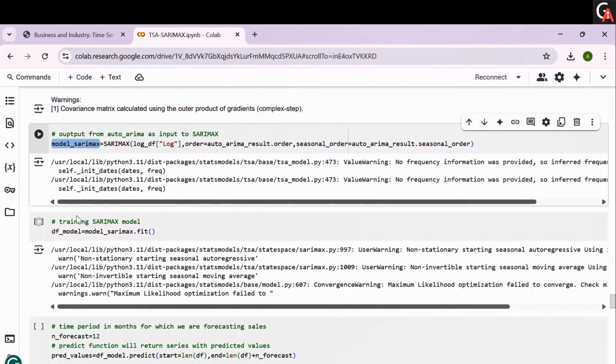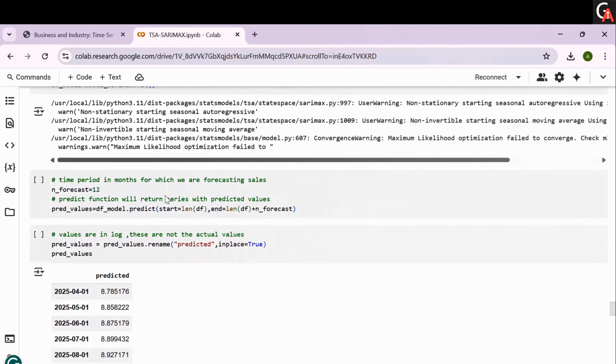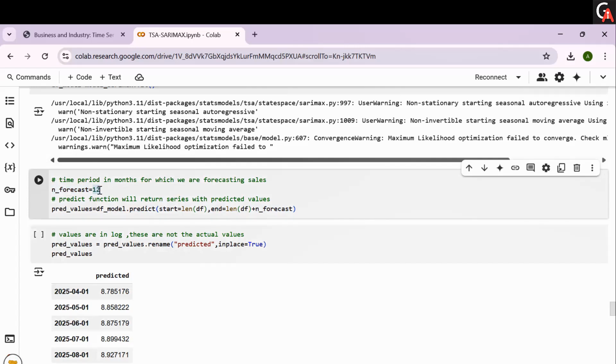Once it is done, we'll train our SARIMAX model. Once the model is trained, we'll predict the values using the predict function. Here I have given n_forecast as 12. We can modify it if we want to forecast for the next 24 months or 36 months. That's why I have created a variable.